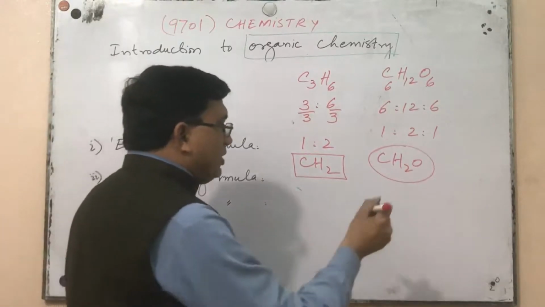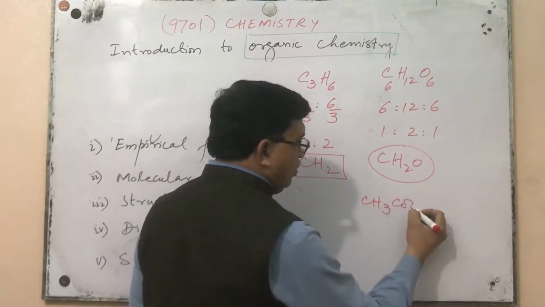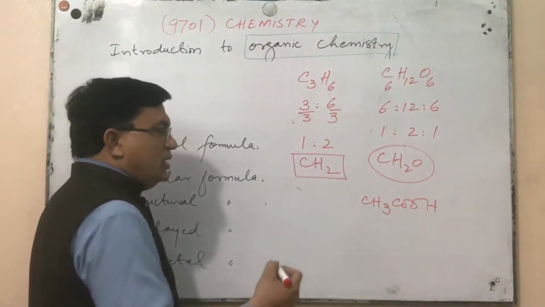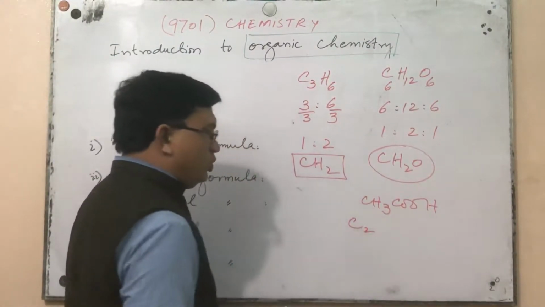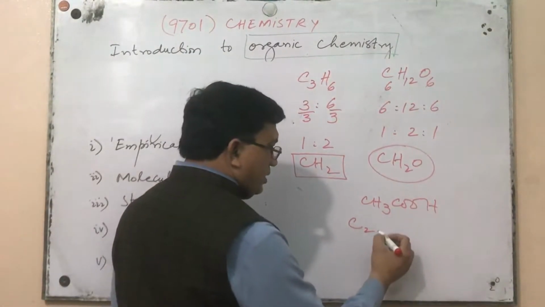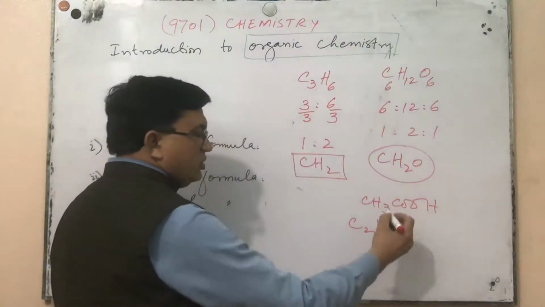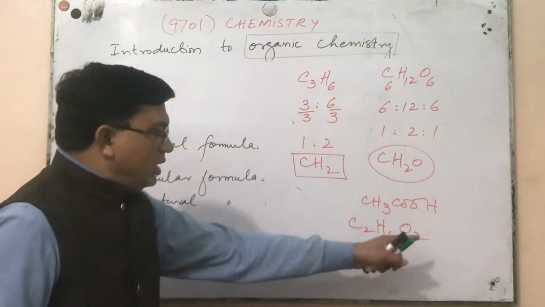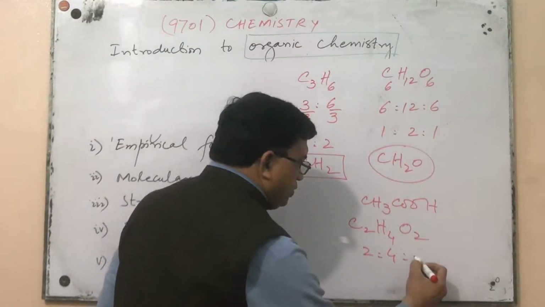For example, if I take ethanoic acid, CH3COOH, and combine all these atoms, I can write the formula as C2H4O2. How many oxygens are there? Oxygens are 2. It means that the atomic ratio is 2:4:2.